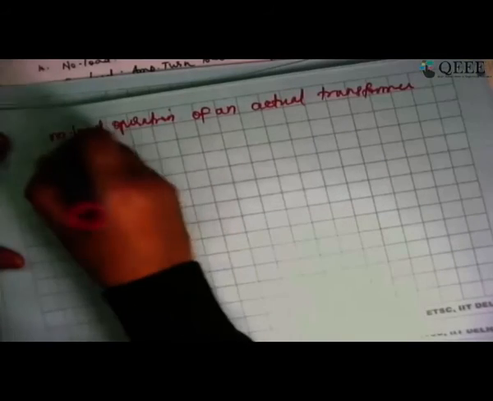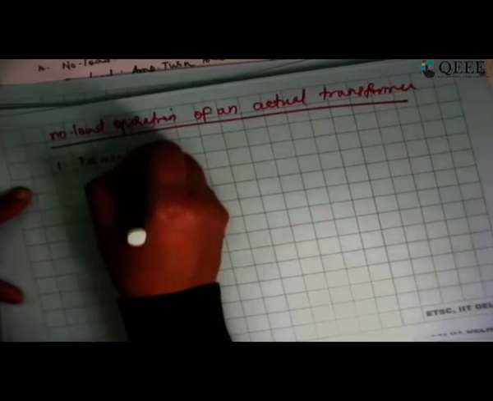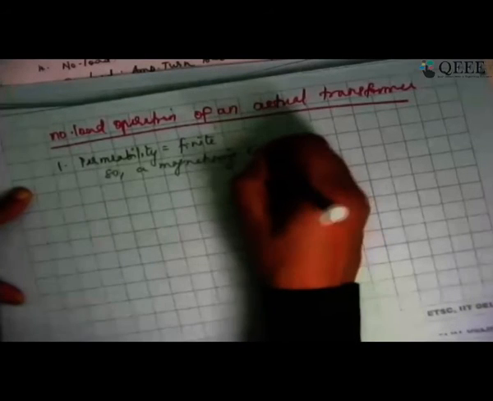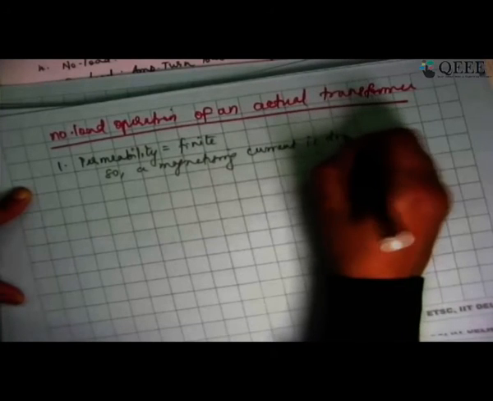Now, to summarize the operation of an actual transformer under no load condition with non-idealities taken into consideration: first, permeability is finite, so a magnetizing current is drawn to establish flux.